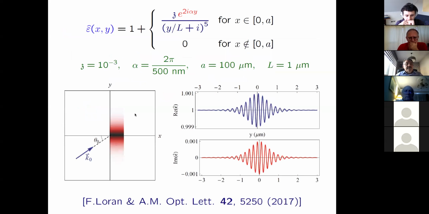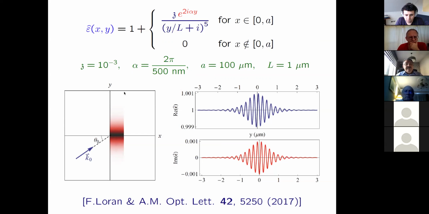Well, this is an example. You can easily obtain infinitely many examples which satisfy this condition. This is one particular example I worked out, and I arranged all the parameters, alpha and L and everything, to fit reasonable values, experimentally detectable values. In this case, you see the relative permittivity is 1 away from this interval 0 to a.